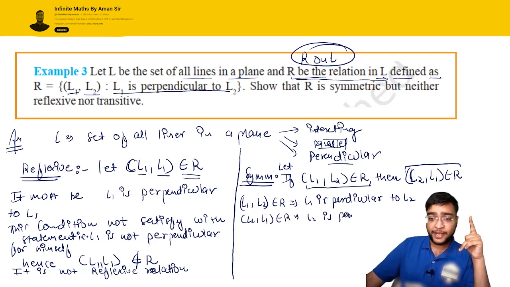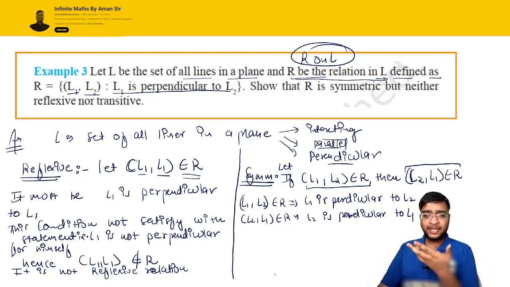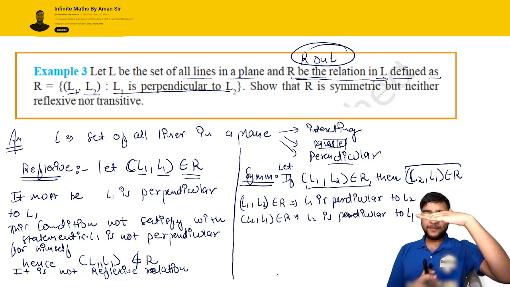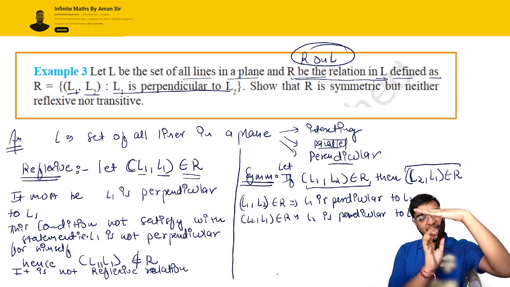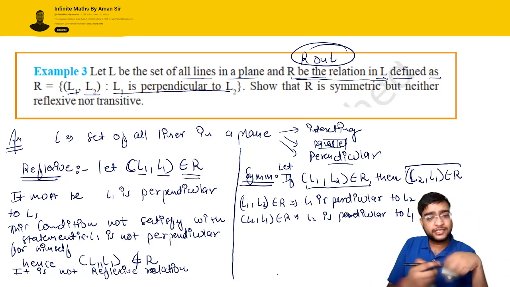Both statements are true, because if I take line L1 and line L2, these two lines are perpendicular, and if I take the reverse condition, it is true only.